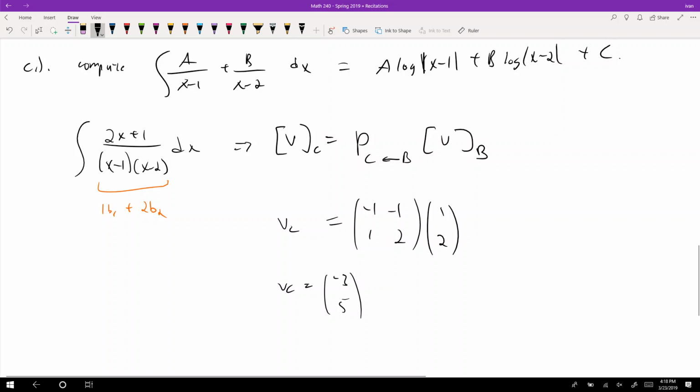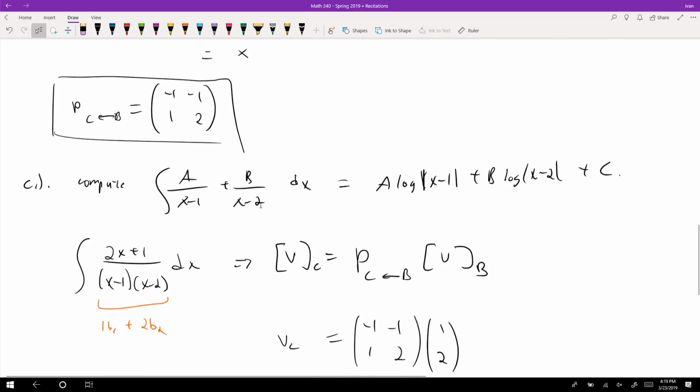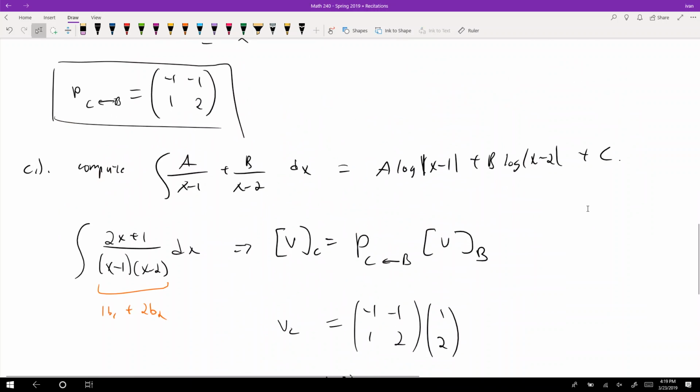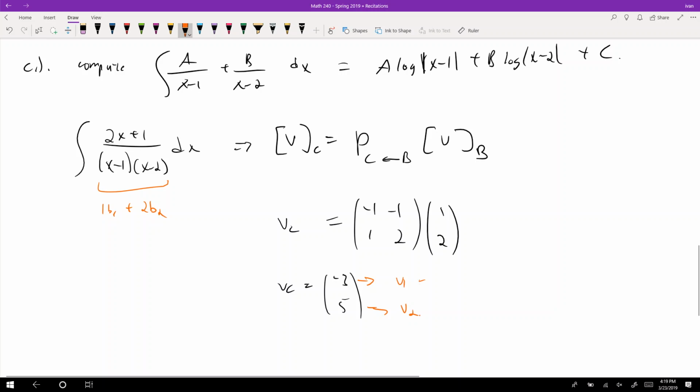Negative 3 is the coefficient in front of v1, and 5 is the coefficient in front of v2. If we go back up, v1 is 1 over x minus 1, and v2 is 1 over x minus 2.